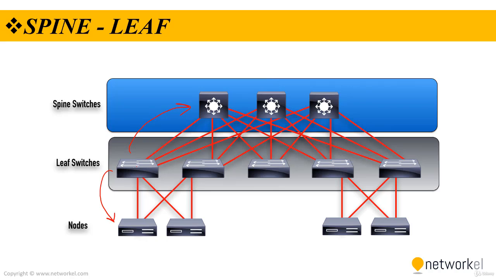You can see the leaf switches here, and here we are connected to this switch, here we are connected to this switch, and here we are connected to this spine switch. As a result, there is no need for interconnections between the spine switches. You can see there is no interconnection between the spine switches, or between the leaf switches as well.